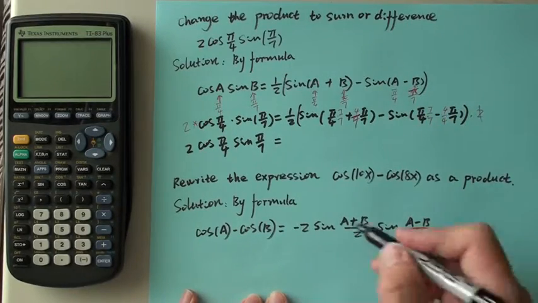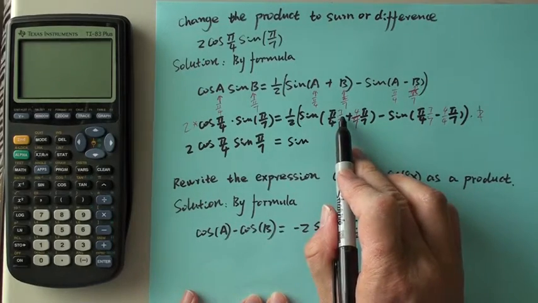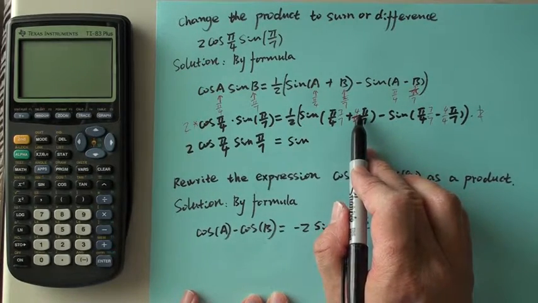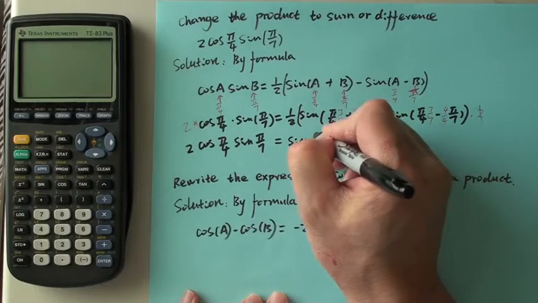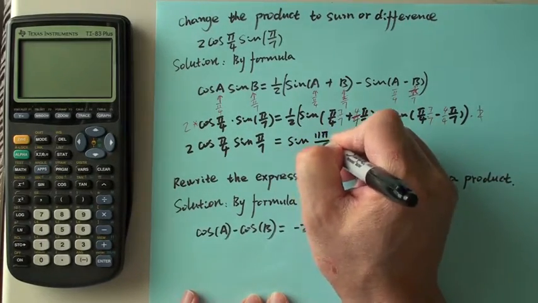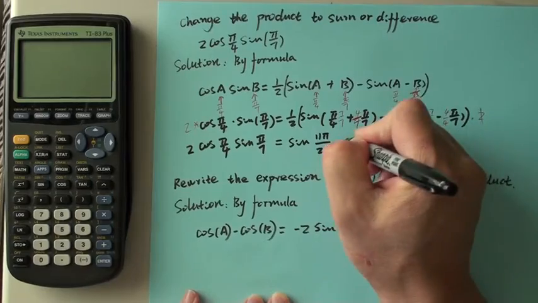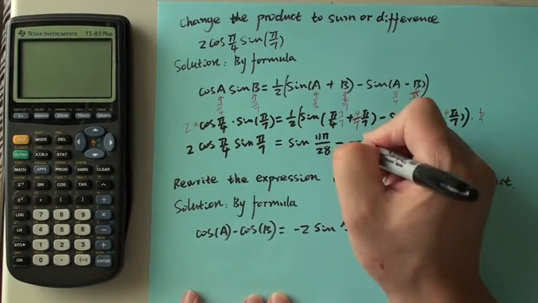So then what do we have? Sine of 7 plus 4 in the numerator, so we get 11 pi. Downstairs is 28, 4 times 7. Subtract sine.